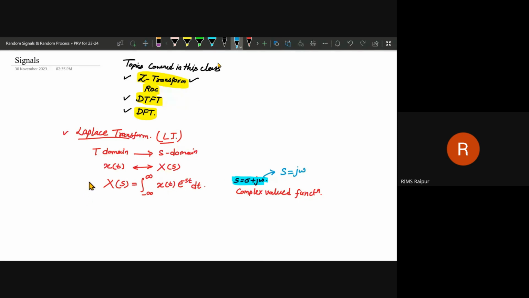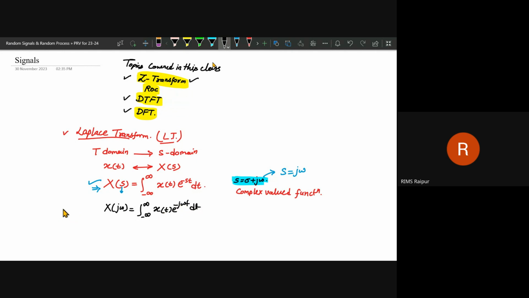If I write j omega instead of s, then the expression will look like this: X of j omega is equal to integration from minus infinity to infinity of x of t e raised to power minus j omega t dt.